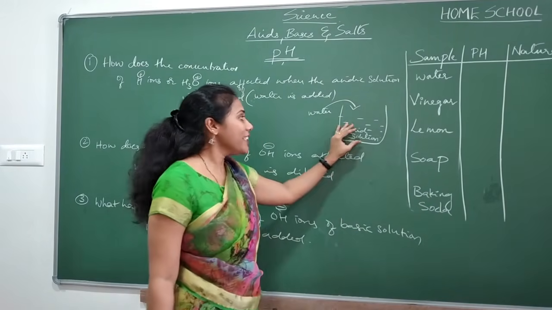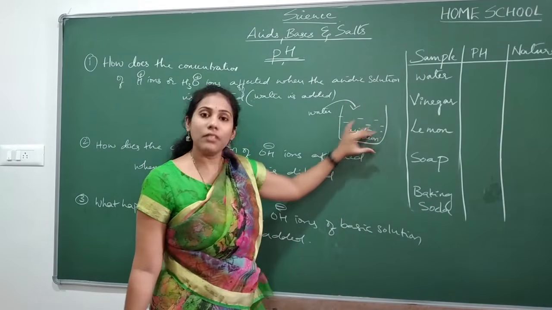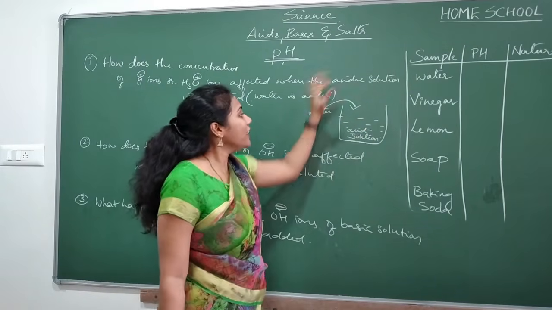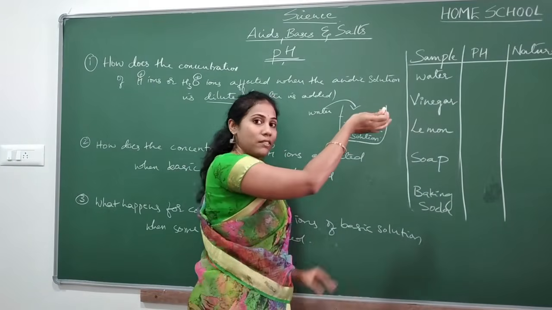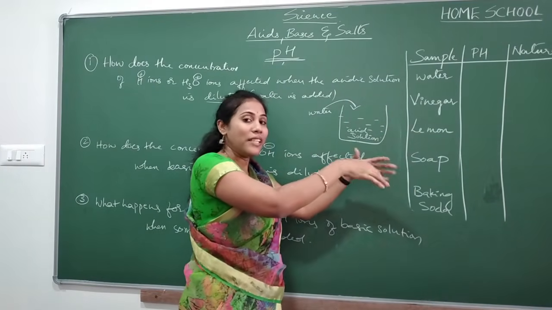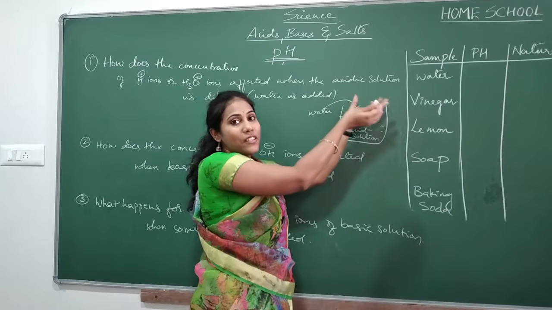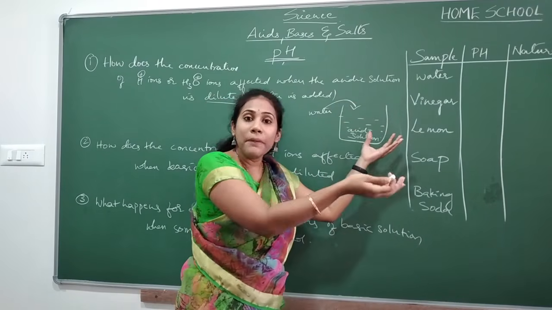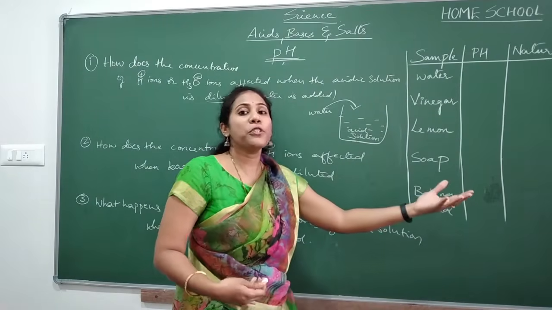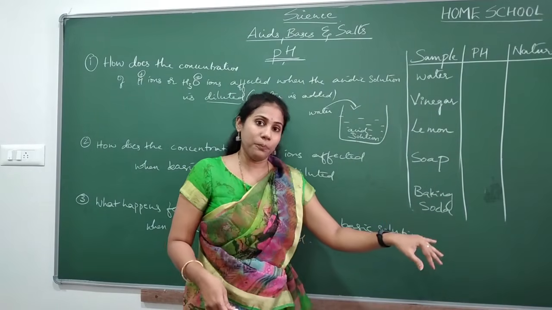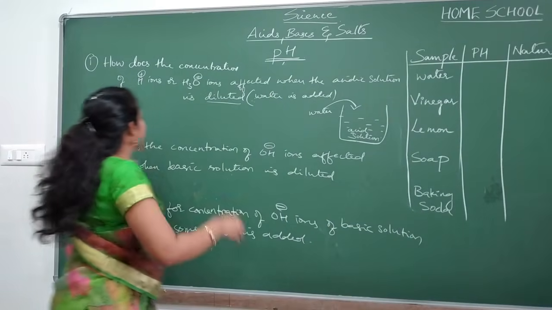Yes. So initially some H plus ions are there and you are adding water. So the volume of the solution would increase. Compared to the previous volume, now the volume would have increased. In that volume, the number of H plus ions will be decreased compared to the number of H plus ions present in the previous volume. Yes or no? So what is your answer here?